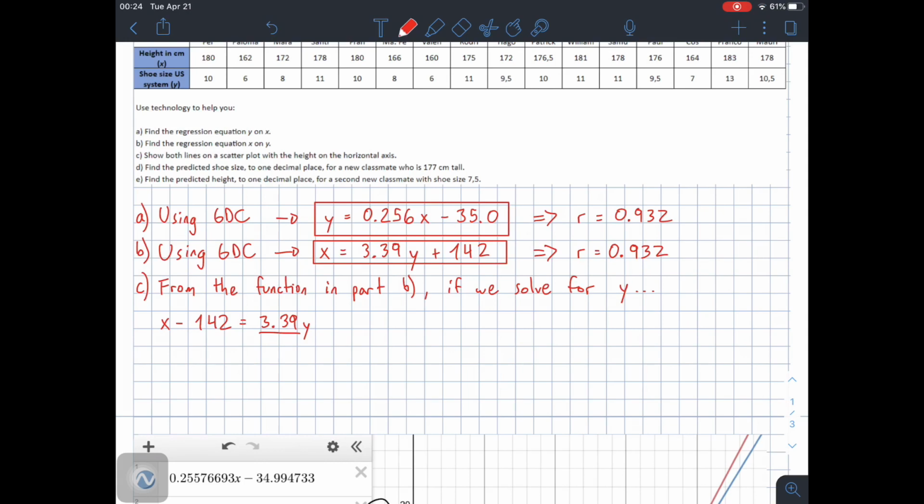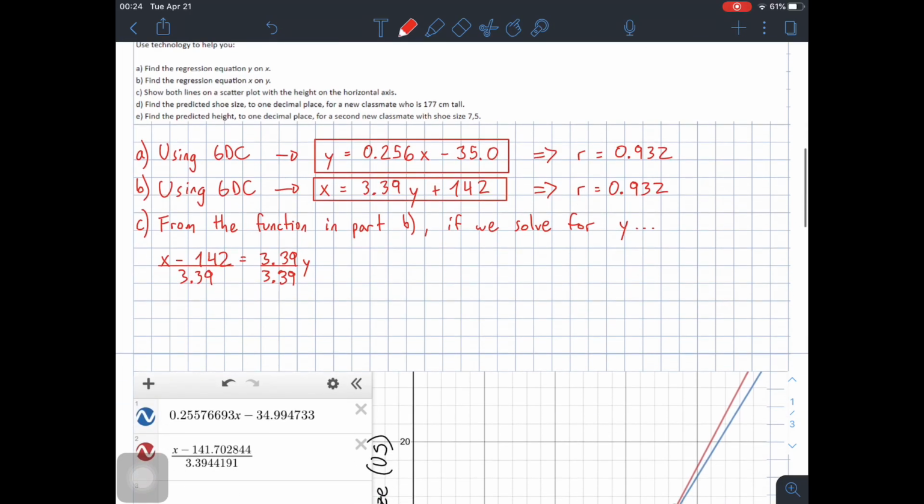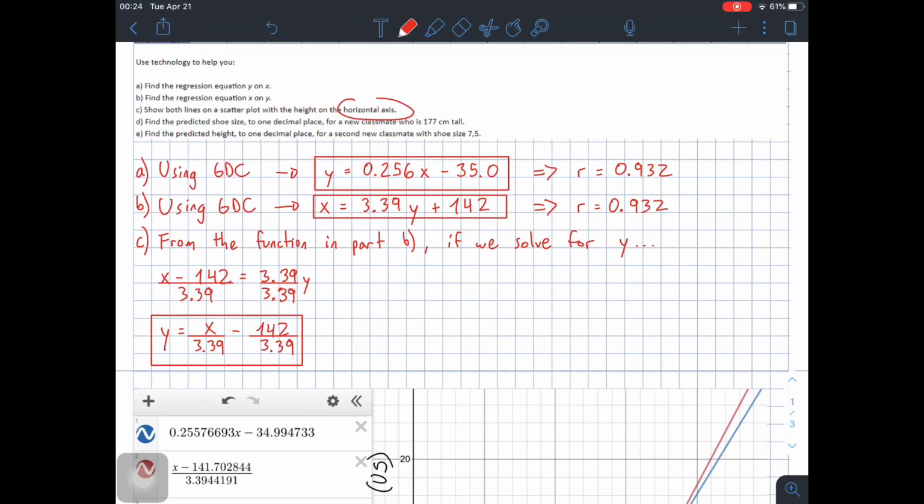And then by dividing 3.39 on both sides, we're going to get the following equation. Y equals x over 3.39 minus 142 over 3.39. Okay, so this is the equation that we need to consider in order to graph both functions and have the height on the horizontal axis.